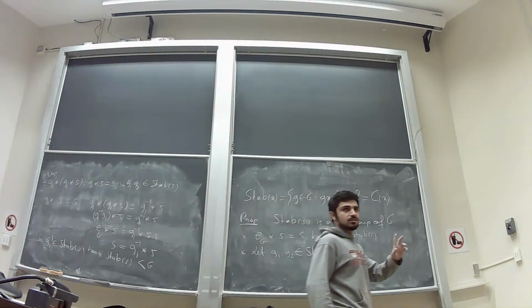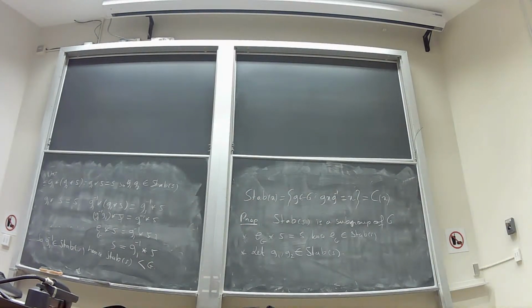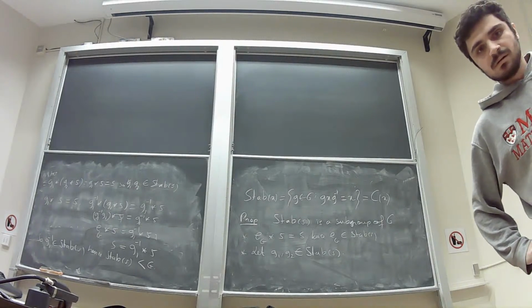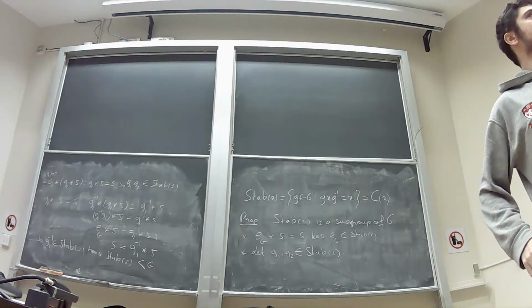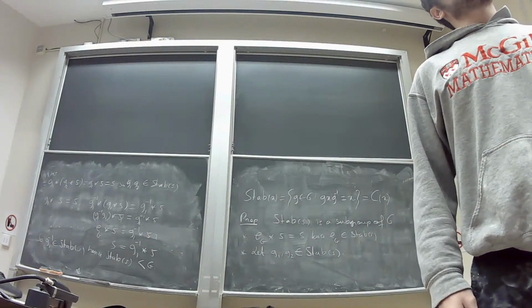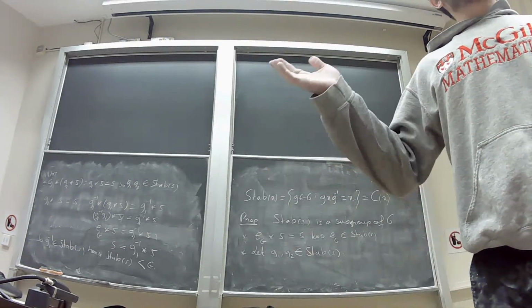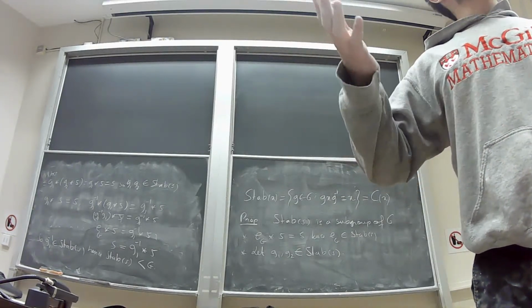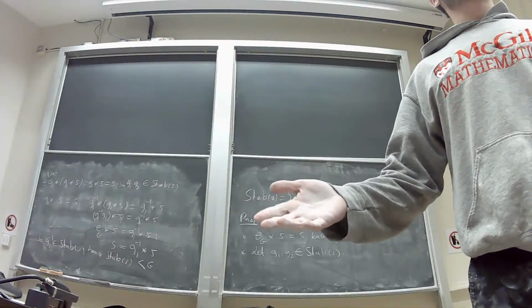I just need to talk two seconds about the midterm if you're interested. I don't know if I'm going to give more hints, but please focus on Lagrange's theorem and its corollaries.